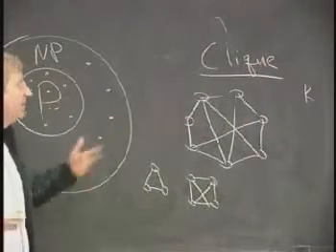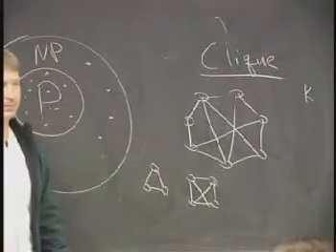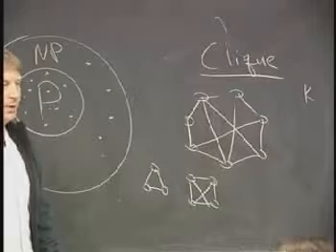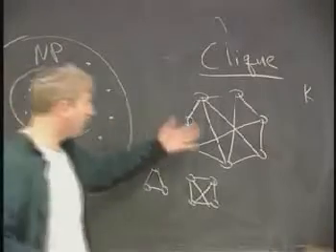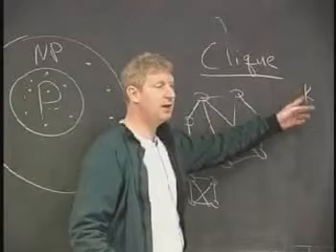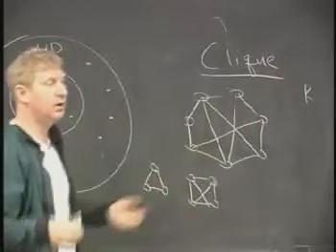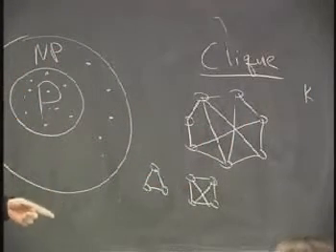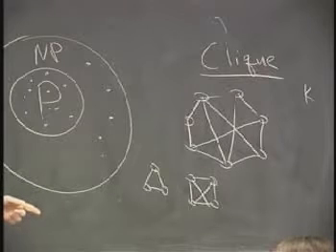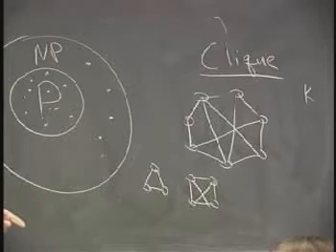The problem is to find the biggest clique in this graph. Okay? And maximum problems turned into decision problems are given a graph and a number k. Can you get a clique of k or better? K or more? What's the answer in this question, by the way? 3. For sure 3. Can you get 4?